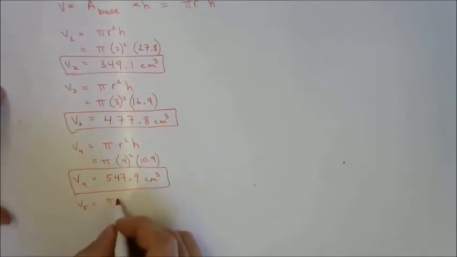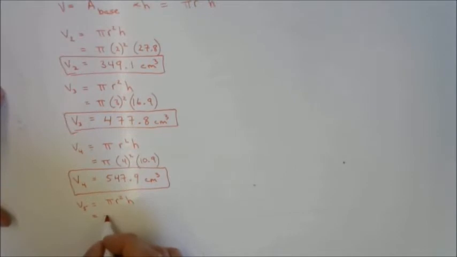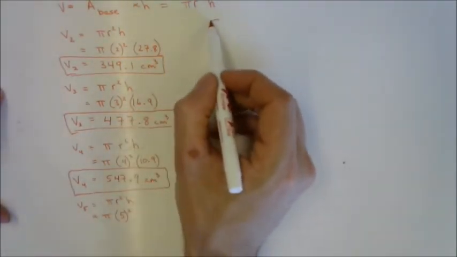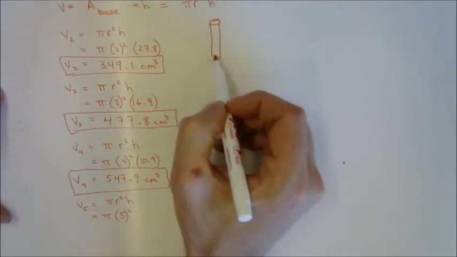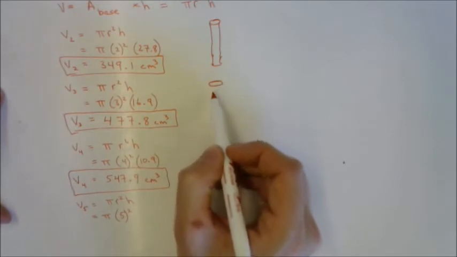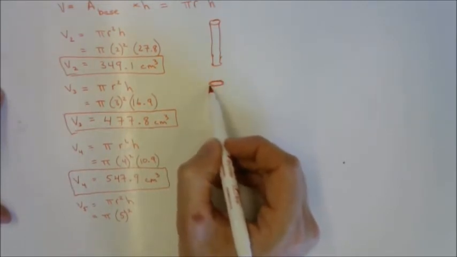Alright, fifth volume. Every time we go up, like the next volume, are we making the object fatter and smaller, or skinnier and larger? This first one with a radius of 2 has a height of 27. This next one has a radius of 3 and a height of 16.